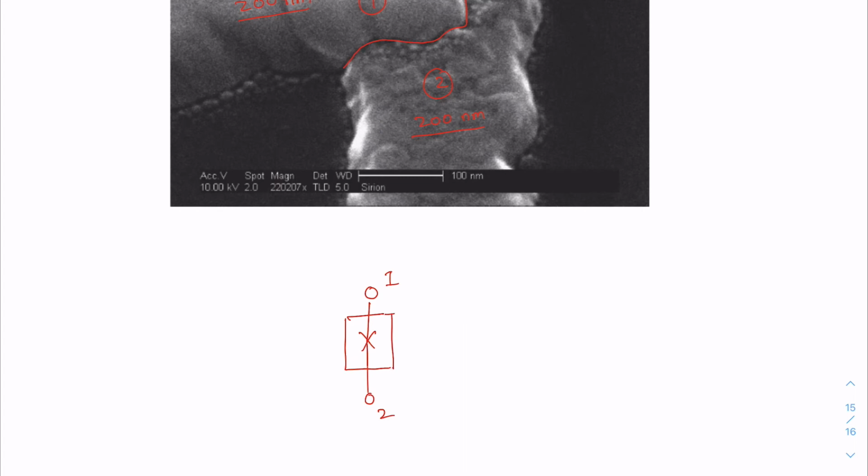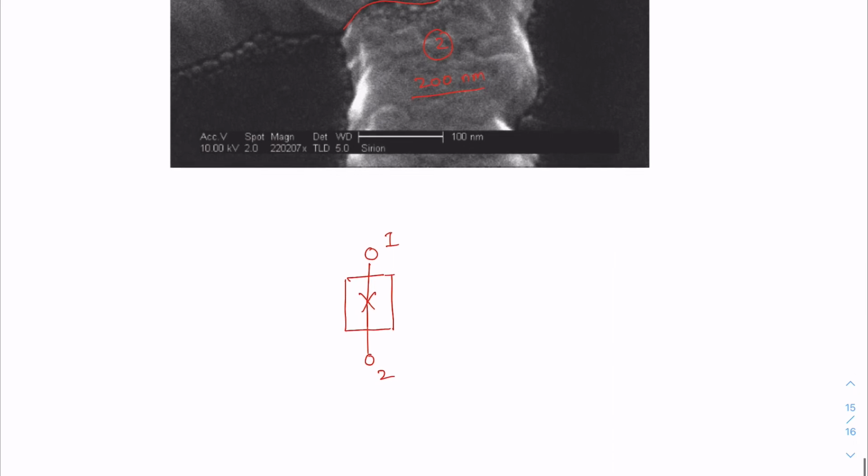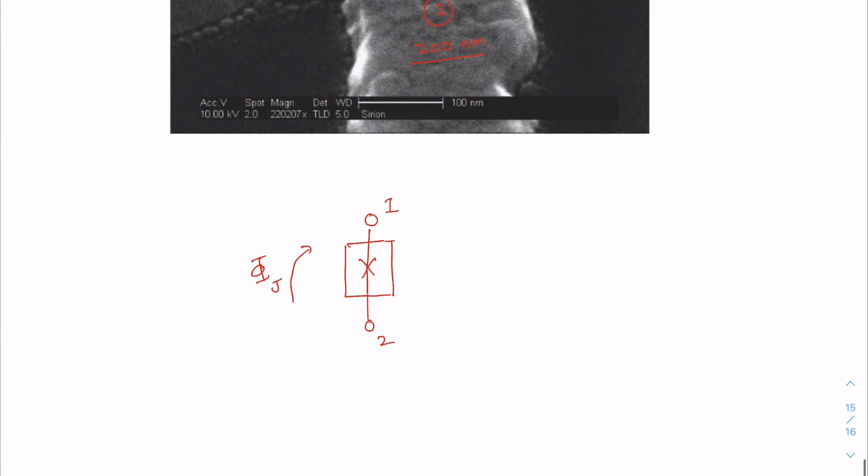This element can be represented by an energy function that only depends on the change in the magnetic flux across these two terminals, and this energy function is given by E of phi j, the energy as a function of the magnetic flux.